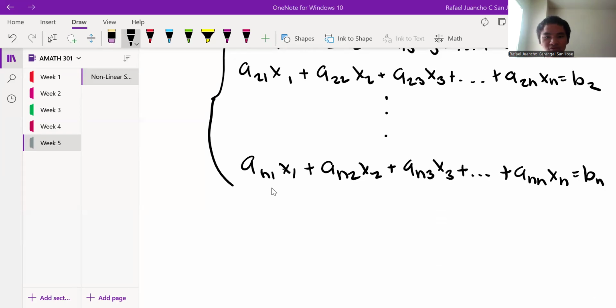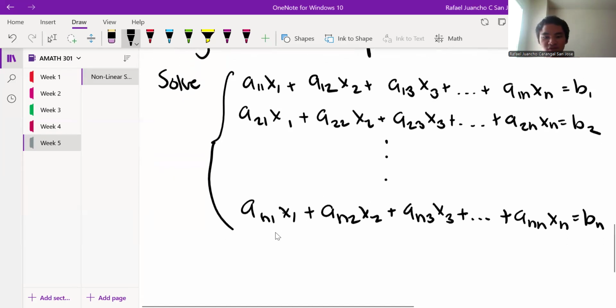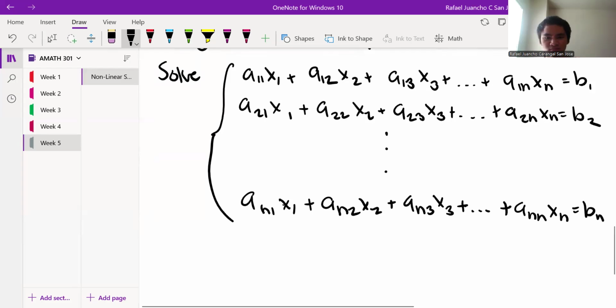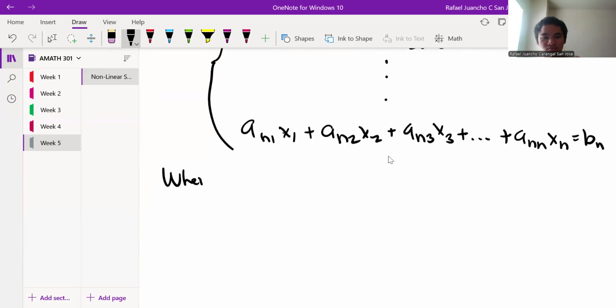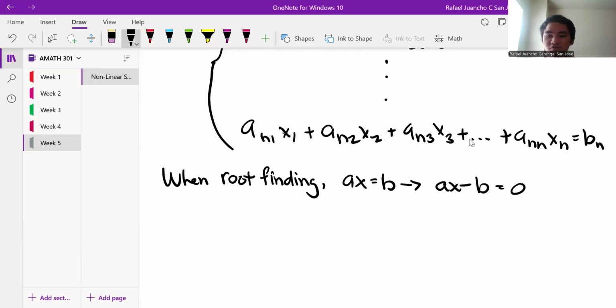We want to find their roots. So when we do root finding, we want our AX equals B to be AX minus B equal to 0.